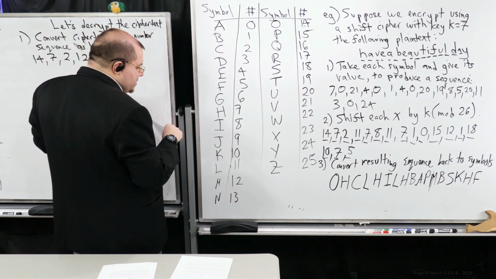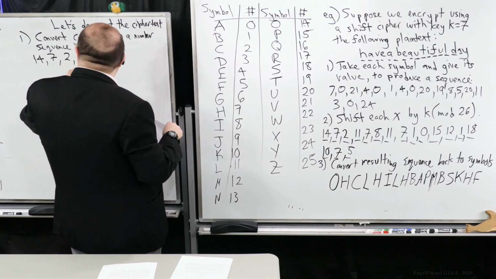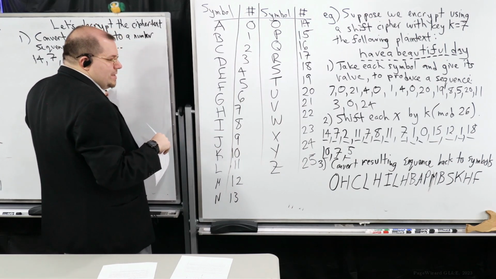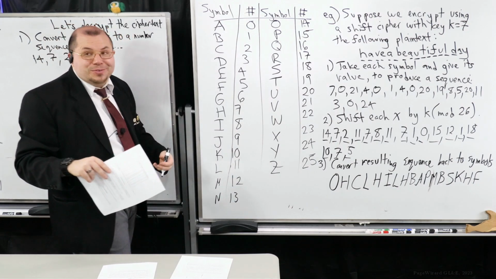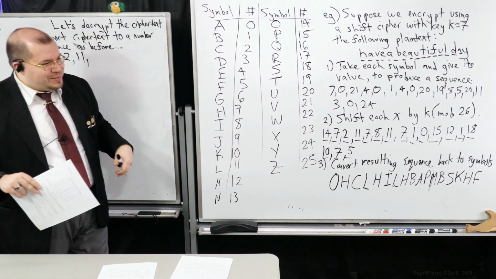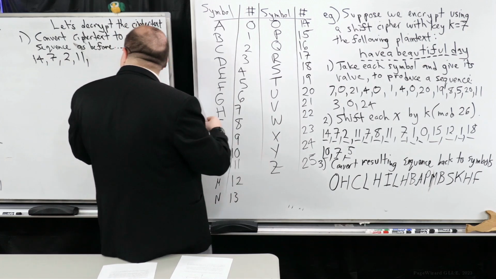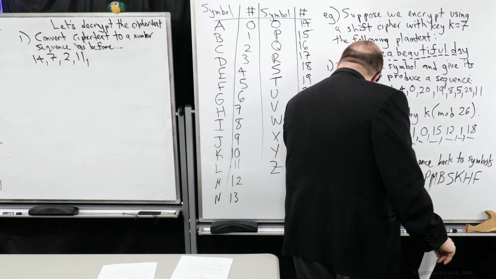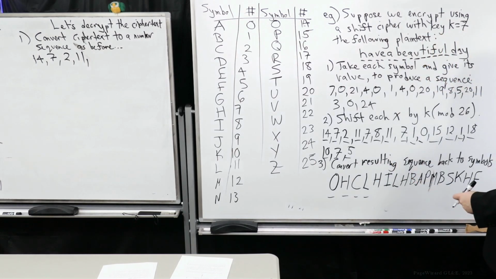Or is it 11? It's 11. My eyes are deceiving me here. So I'm just trying to show you what Alice and Bob would do. So Alice did all this work. Bob's got to do this work now. So now we got OHCl. So Bob receives this. And now we're going to keep going.